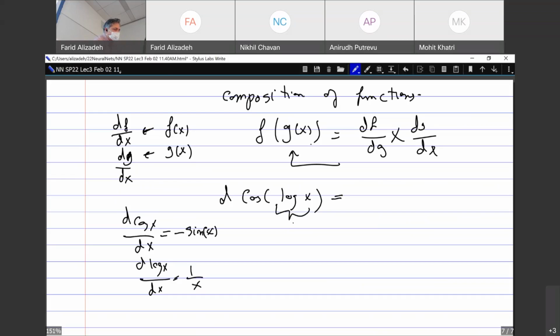I call it y. So the derivative with respect to y is minus sine of y times 1 over y, which is 1 over x. And that is equal to minus sine of log of x, divided by x. So that would be the technique.